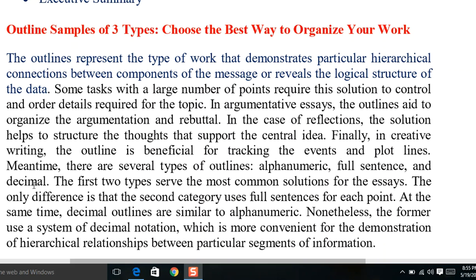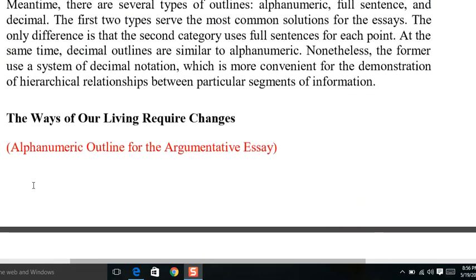For example, APA style, IEEE style, Turabian, University of Chicago. So in the world there are many report writing styles prevailing. They provide you their own specific style of outlining and writing of table of contents. Hope you have understood. Let's move.